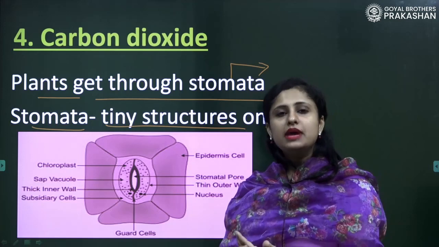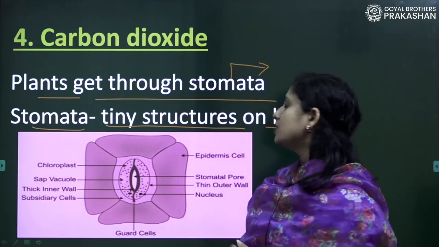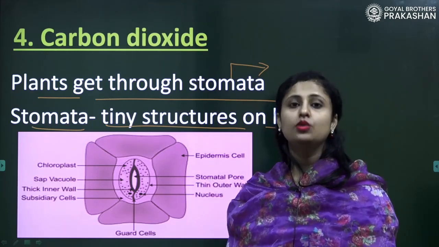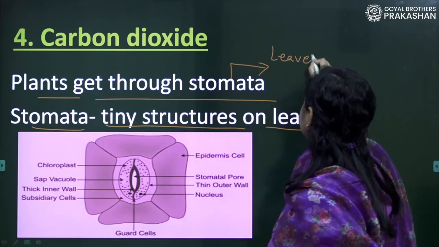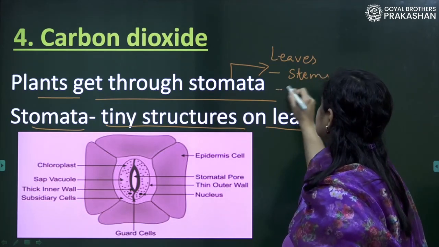There are many surfaces in a plant which carry out the exchange of gases. Those structures are leaves, stem and roots.